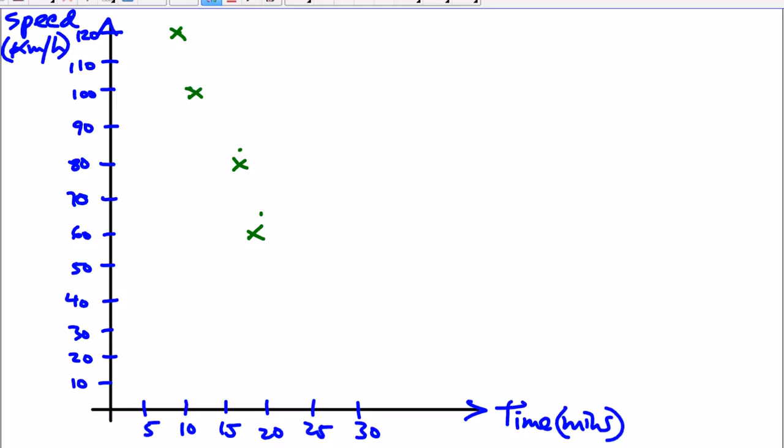And then we have 24, 50. Somewhere there. And then we have 40, 30, 40 kilometers per hour, so somewhere there. So if we draw it out, this is just a sketch.